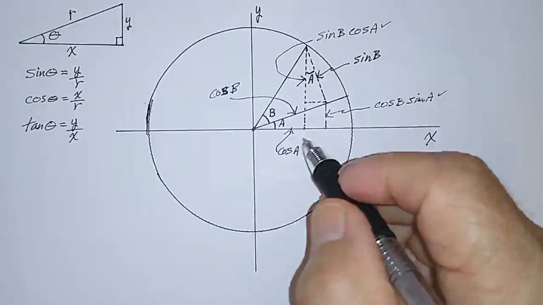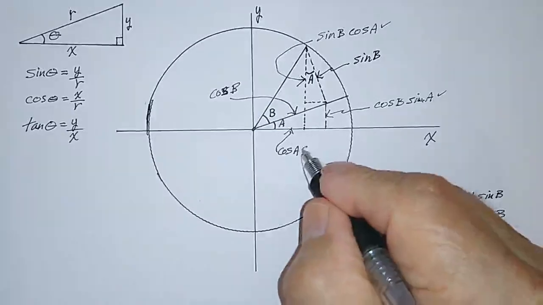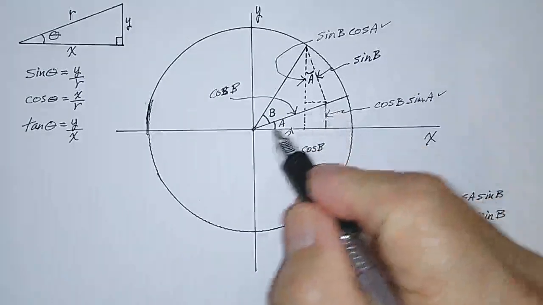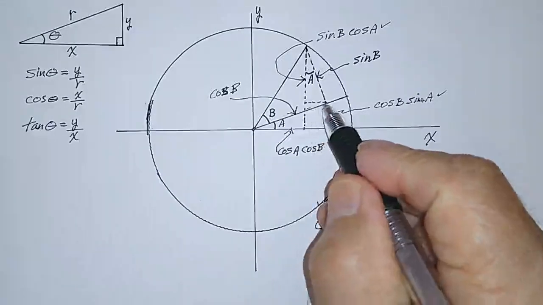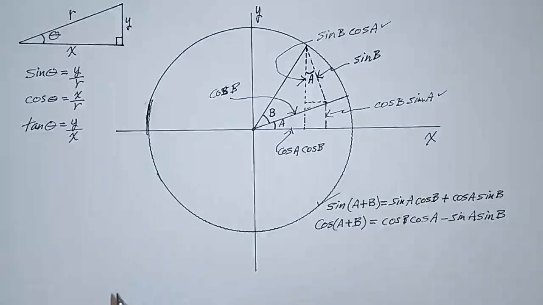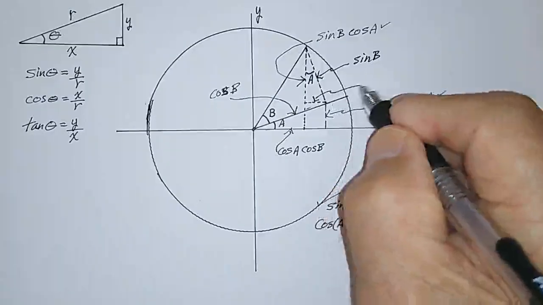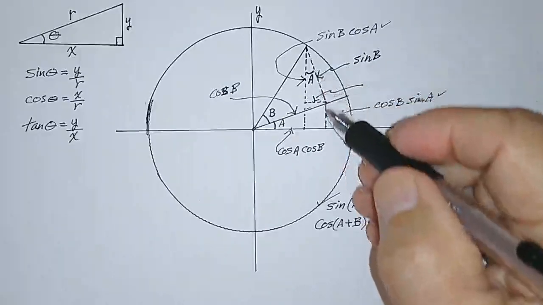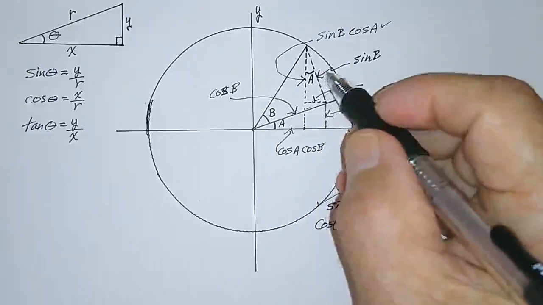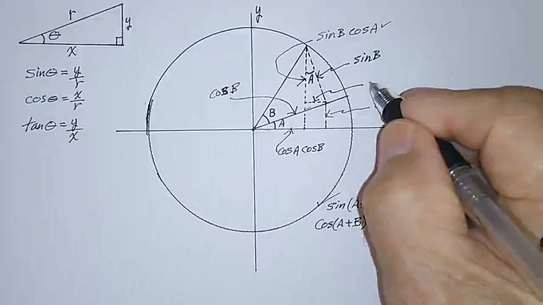Correction, I'm sorry, this is cosine B times cosine A. In other words, the hypotenuse for this triangle for angle A is cosine B, and this is cosine B times cosine A. This distance right here we can get from this other little triangle. This is sine B. So sine B times sine A is what this distance right here is.